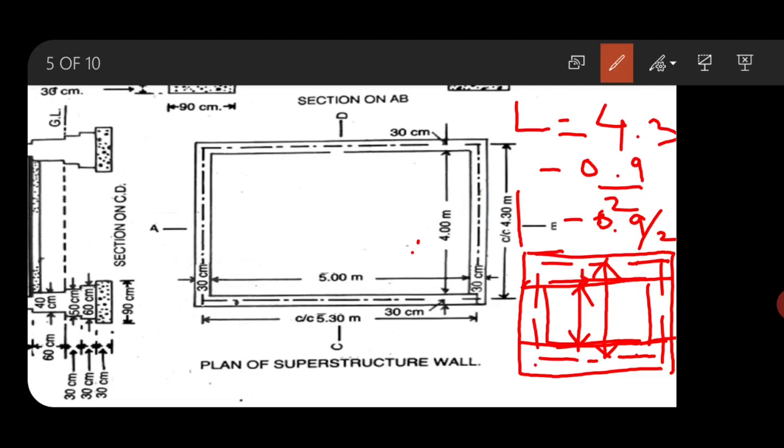So when we will subtract half of the breadth on one side and half of the breadth on another side, we will get the length of the cement concrete work for short wall, and the breadth and depth will remain same as in case of long wall, because the wall is having same width and depth in both long wall and short wall.